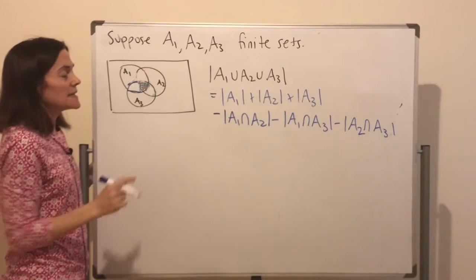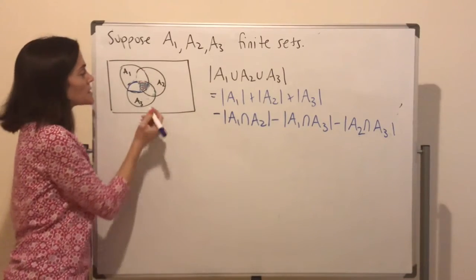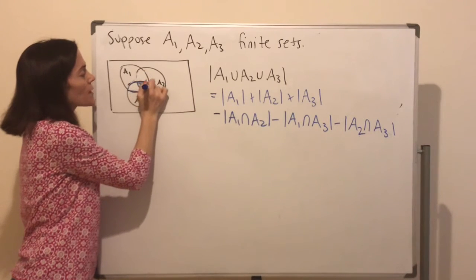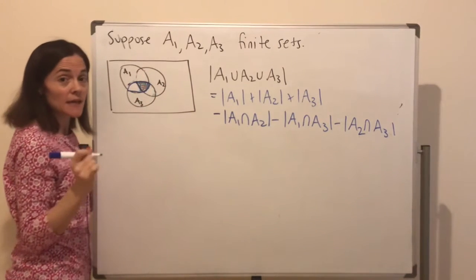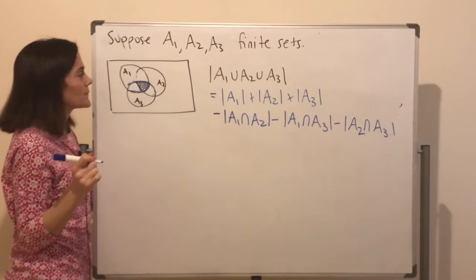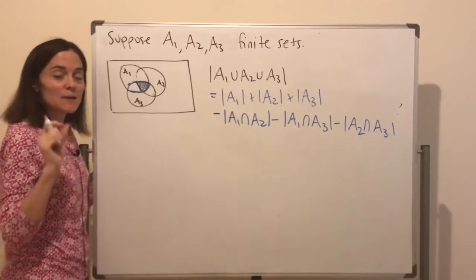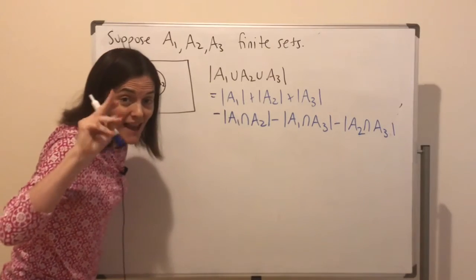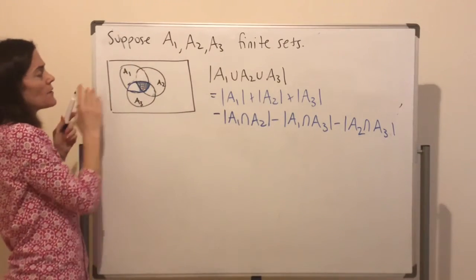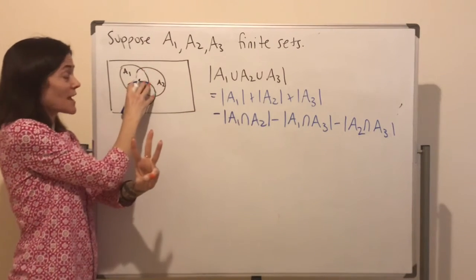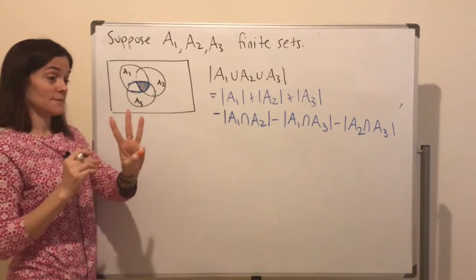But this is not the end of the formula, because notice here in the intersection of all 3, what's happened here in this region? Well, let's go back to the beginning. Everything that's in A1 and A2 and A3, we counted it for A1, 1 time, for A2, 2 times, for A3, 3 times.